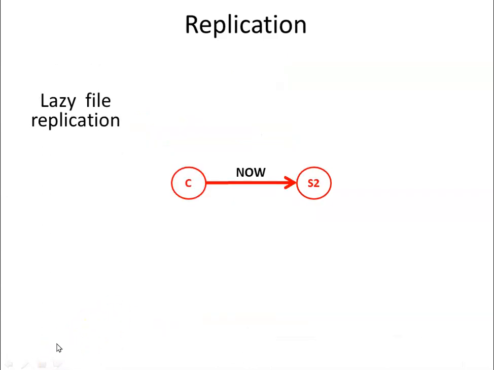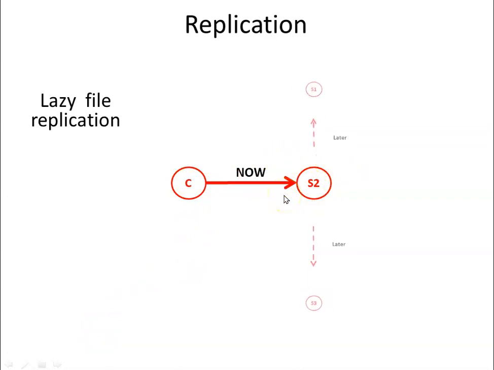The next method is called lazy replication, or lazy file replication. Here only one copy of each file is created on some server. So we'll assume that a copy is created on server S2.